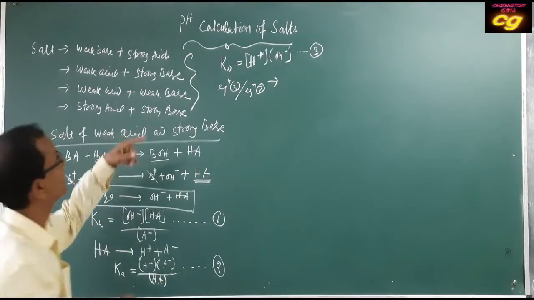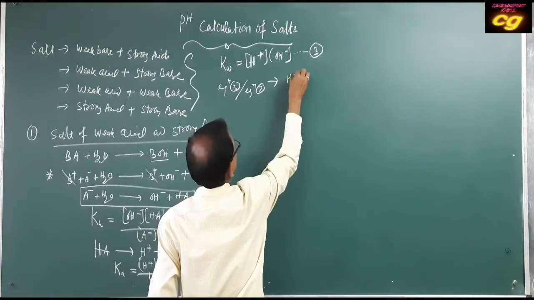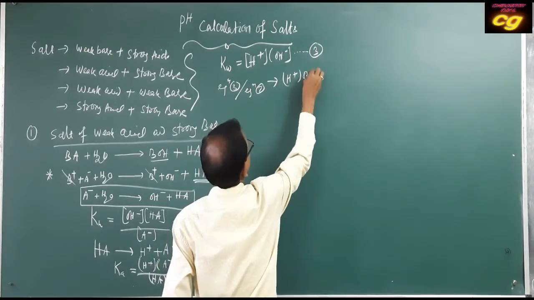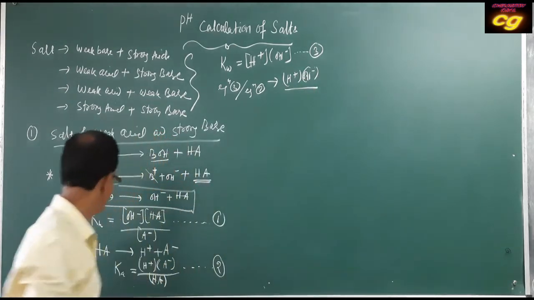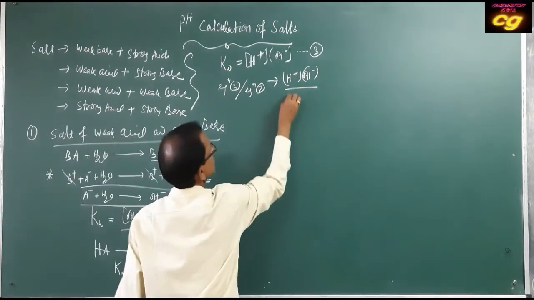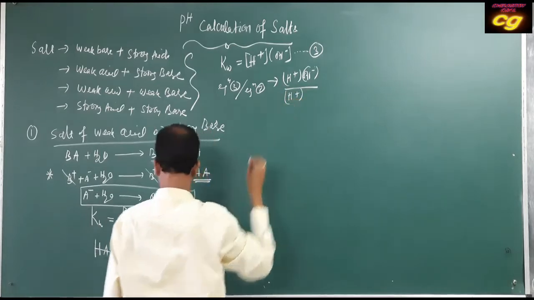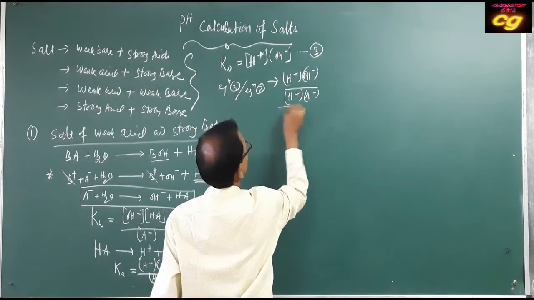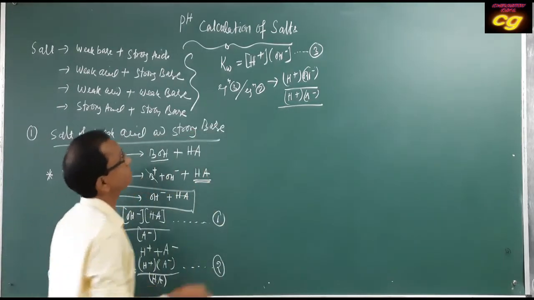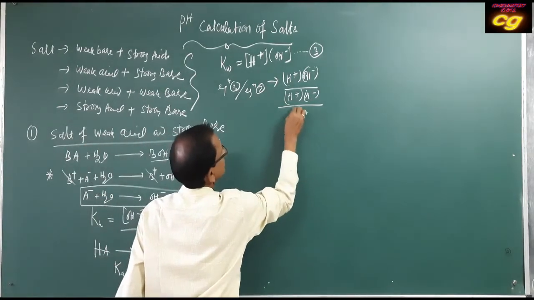That is Kw = [H+][OH-] upon [H+][A-]/[HA] concentration.